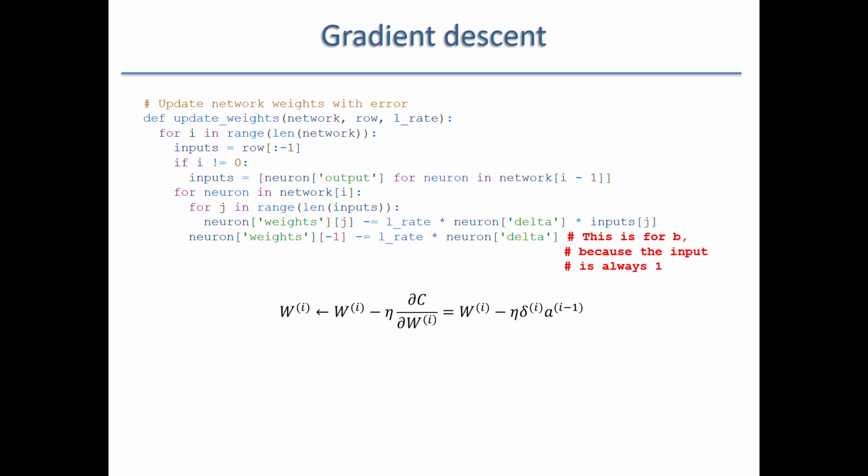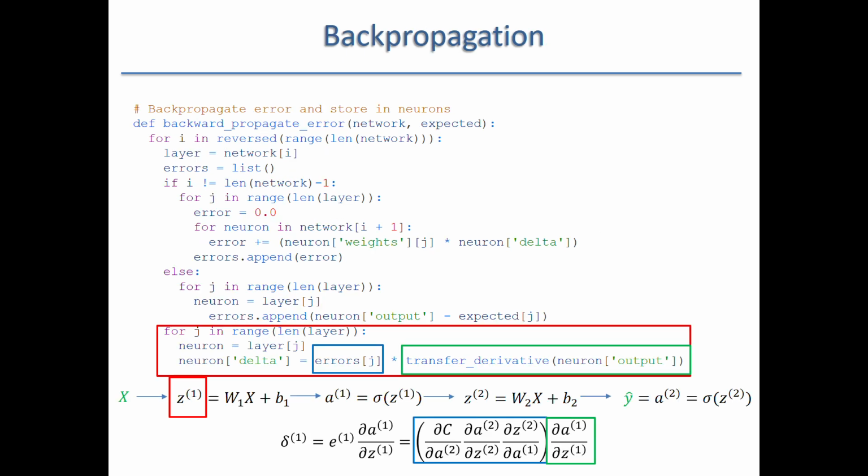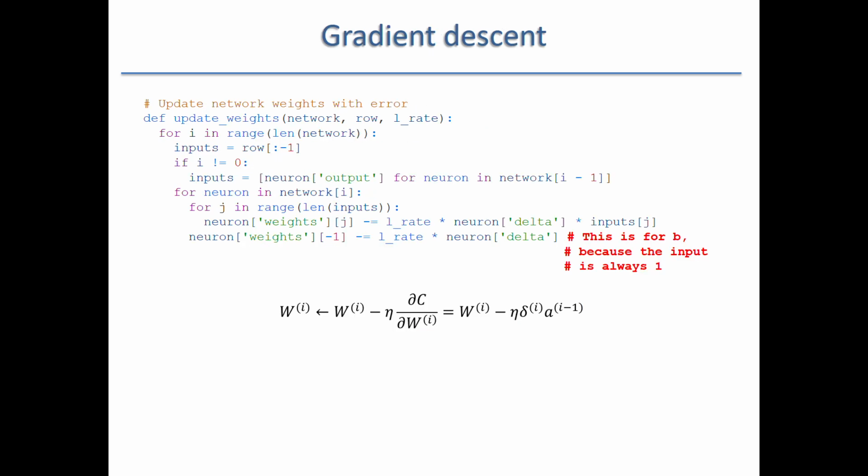So you have now computed through this code all the deltas and the error vectors, and now you have to update the weights. You follow a gradient descent, for instance.